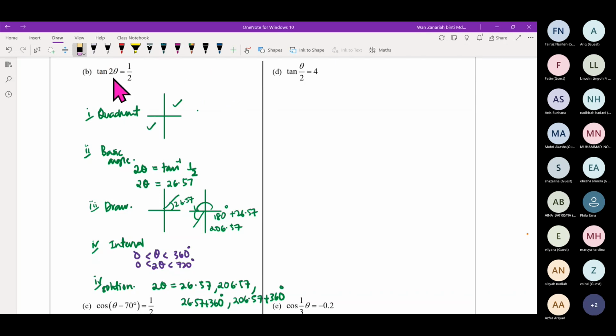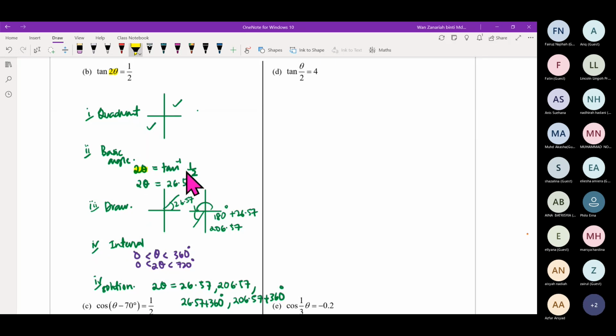Okay, let's look at this question, tangent 2 theta is 1 over 2, find the theta. So same juga, quadrant, tangent positive at which quadrant? First and third, right? Okay, cari dulu basic angle untuk 2 theta.